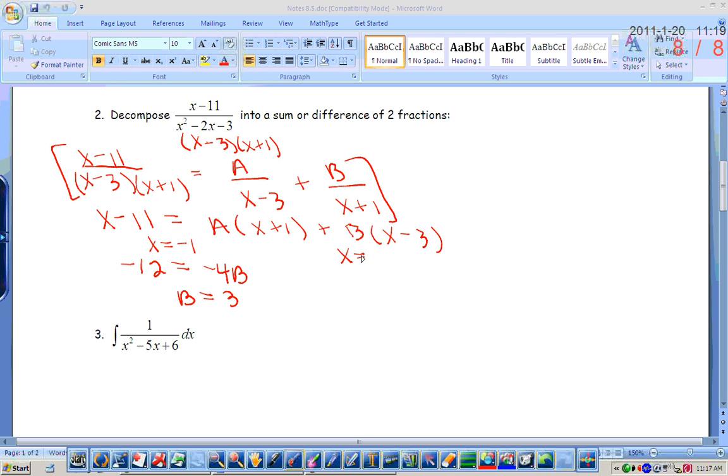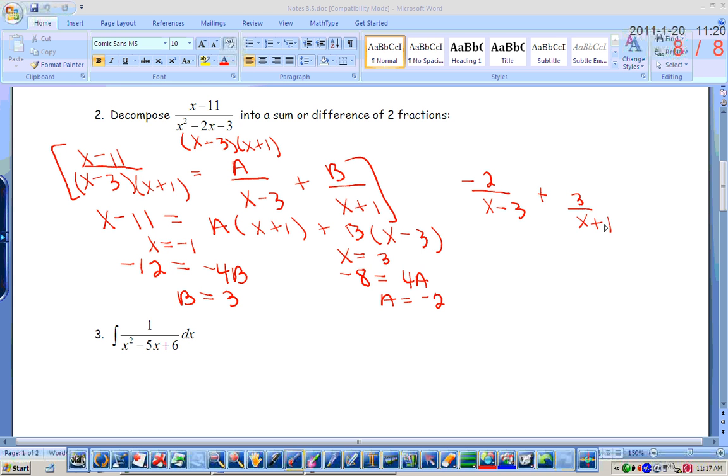Okay, what's our other strategic value of x? 3. 3 minus 11 is negative 8 equals 4a. So a equals negative 2. So the a was what was over the x minus 3, so negative 2 over x minus 3 plus 3 over x plus 1.